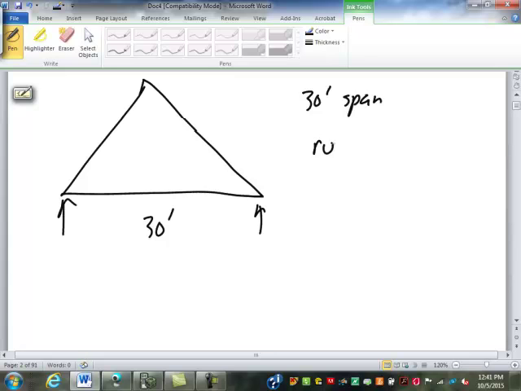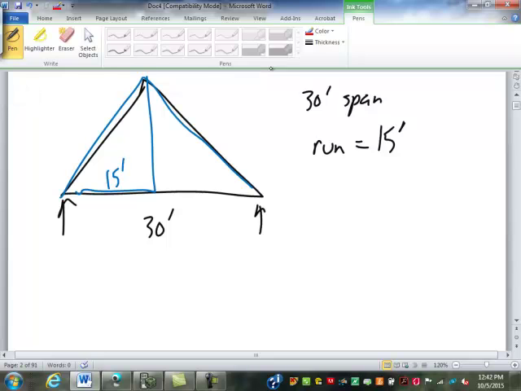What's the run? 15 feet. If it's a common rafter, that means that the peak is in the middle, so the run is always going to be half the span. There's one in your packet that I gave you on page 266, so you can look at it. But I took mine home last spring to do some work, and I forgot to bring it back in.